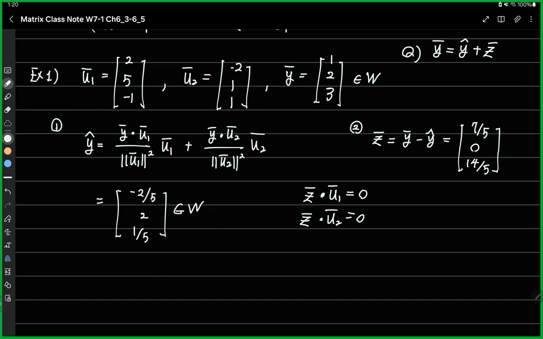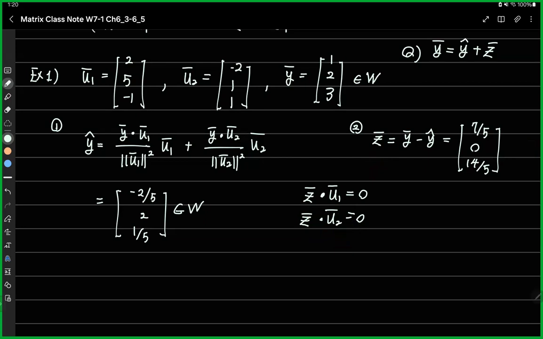Then how can you check that Z is in W complement? To show that, we show that the dot products of Z and U1, and Z and U2, are 0. Why? That means Z is orthogonal to U1 and U2, and since U1 and U2 are orthogonal bases, every single vector in W can be generated by U1 and U2.